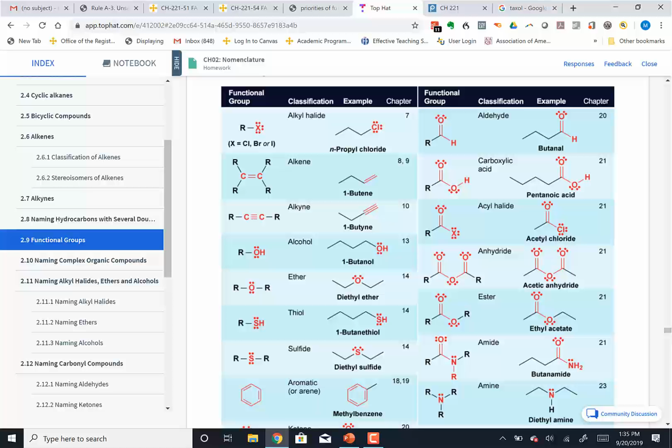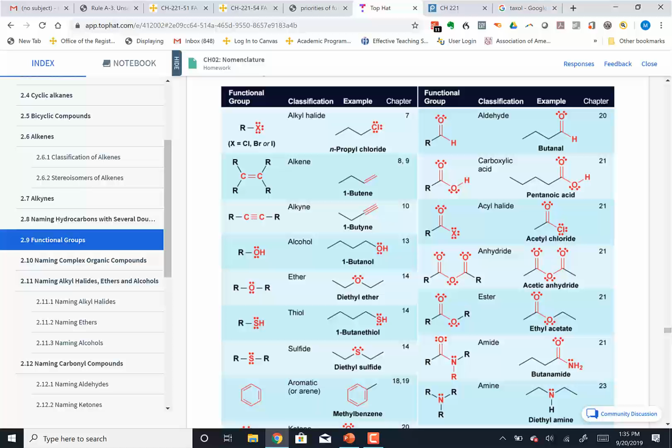In red is the actual functional group here. The second column with the classification is what the functional group is. The third one is an example, and of course because all organic books are organized according to functional group, they all have a different chapter.